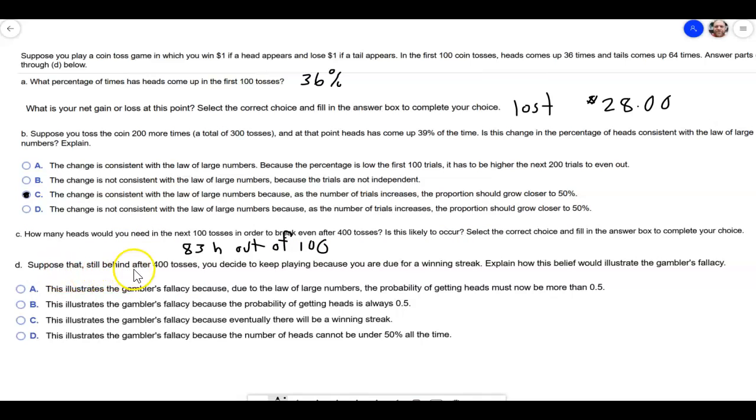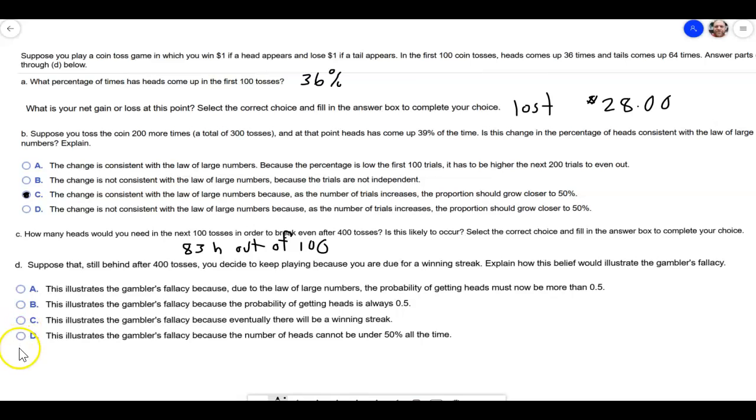And suppose that still behind after 400 tosses, you decide to keep playing because you are due for a winning streak. Explain how this belief would illustrate the gambler's fallacy. So the gambler's fallacy basically says that if you have a certain probability of doing something, and that probability doesn't change, you're still going to be on average doing that when you do that event a huge number of times.